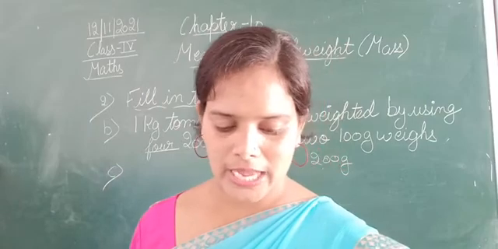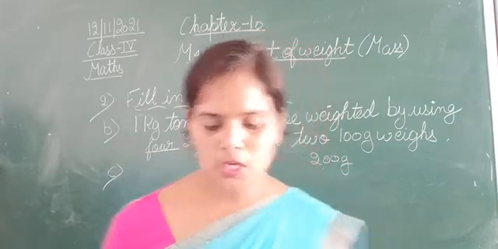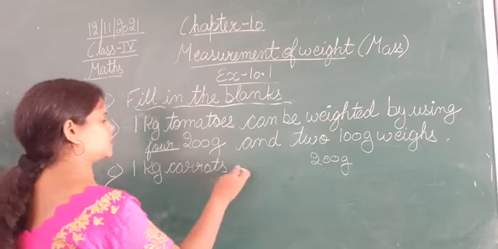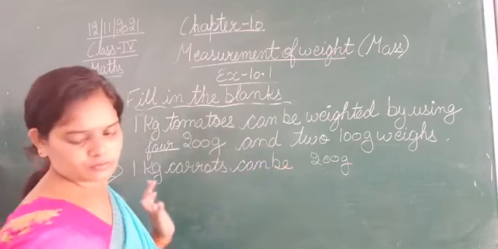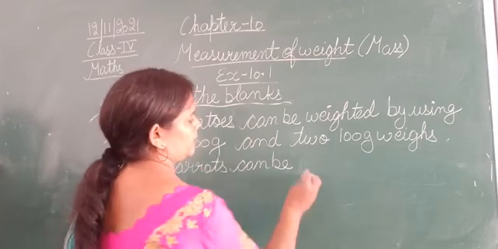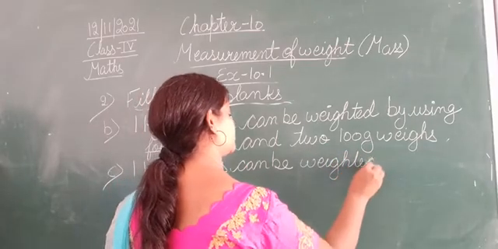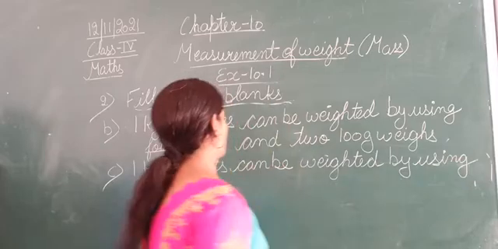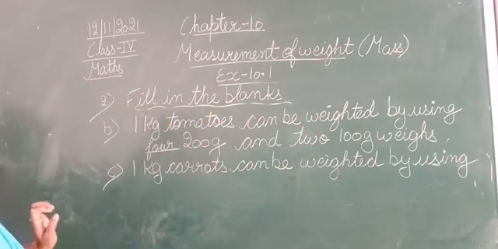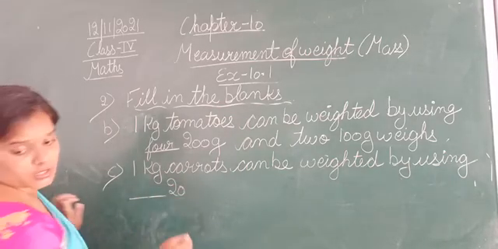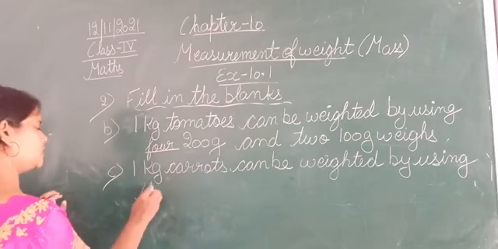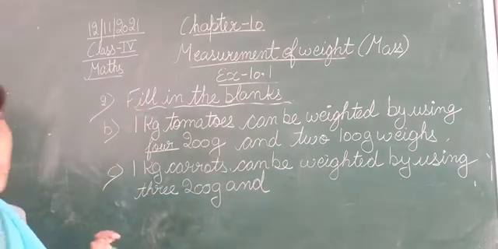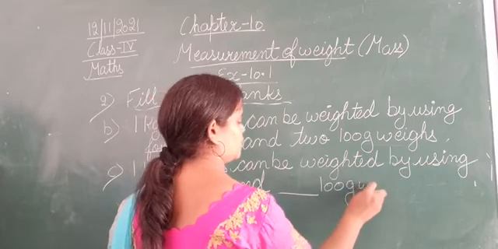The C1 is: 1 kg carrots can be weighed by using dash 3 200 grams and dash 100 gram weights.